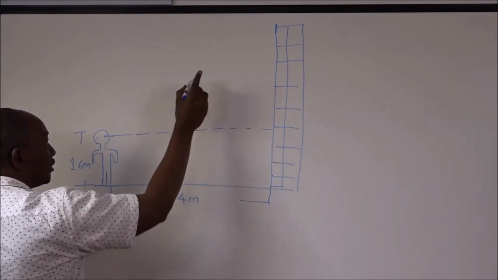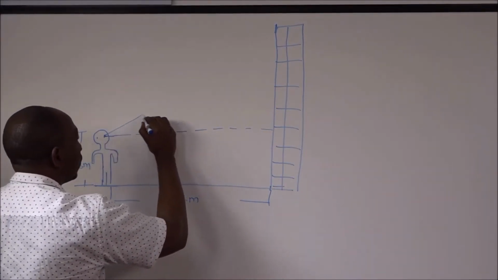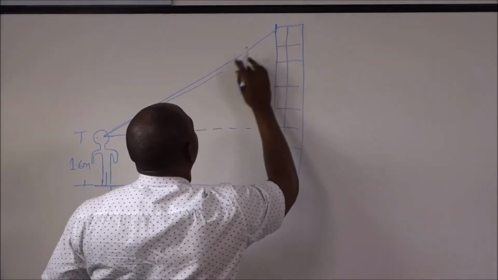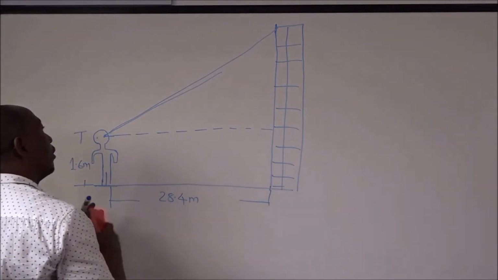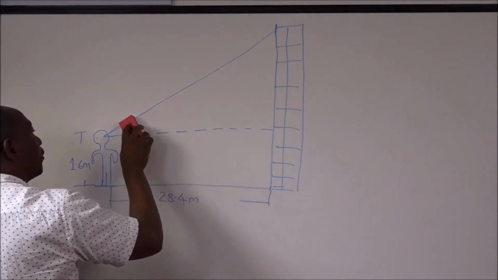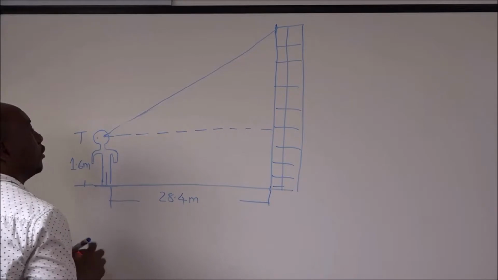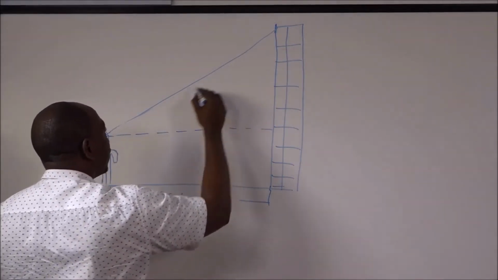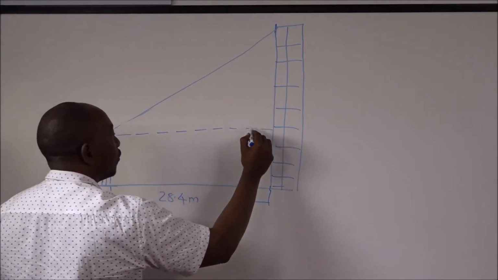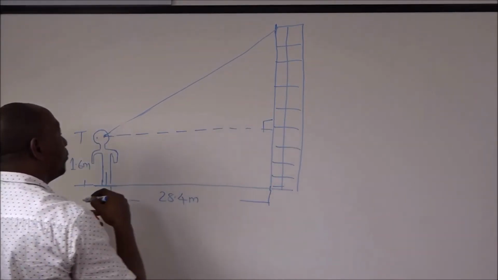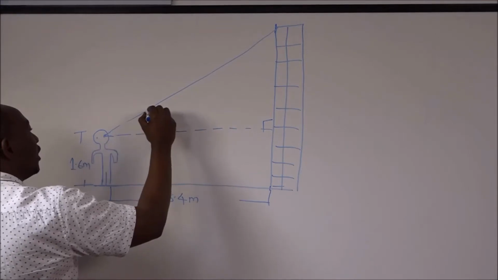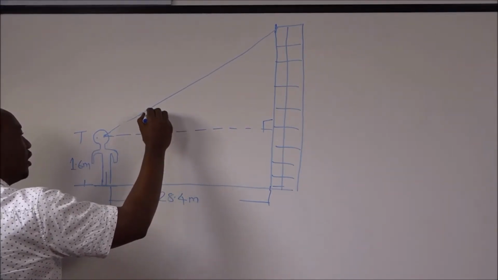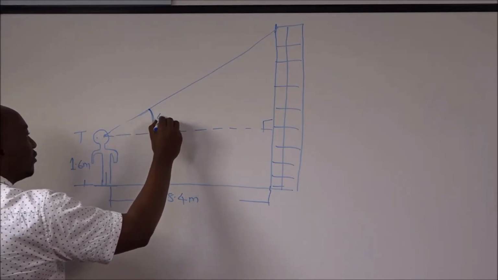And is looking at a certain point on top of that tower. So we'll be having this triangle, and of course this one is a right angle triangle. This one will be the line of sight, this horizontal line, and the angle between, this is the angle of elevation, so it is given 45 degrees.